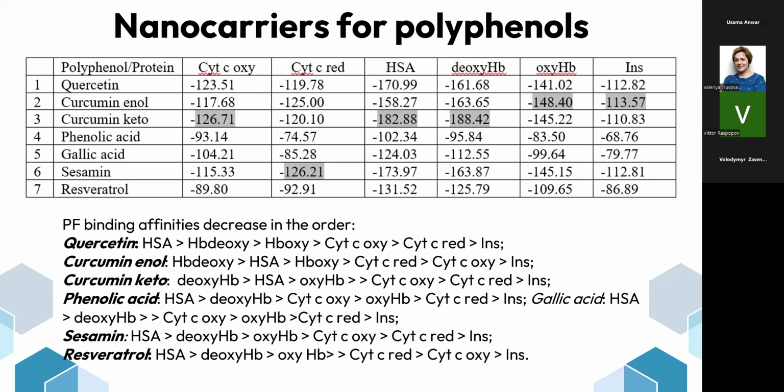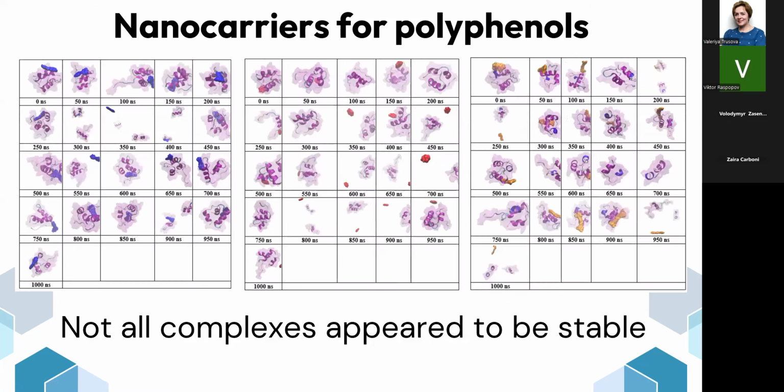Analysis of the best score values obtained for the complexes of polyphenols with different proteins revealed that all polyphenols possess the highest and comparable affinities for albumin and hemoglobin, while the lowest affinity was observed for insulin. If we check the table, you may see that the lowest affinity for all polyphenols that we studied was observed for insulin.